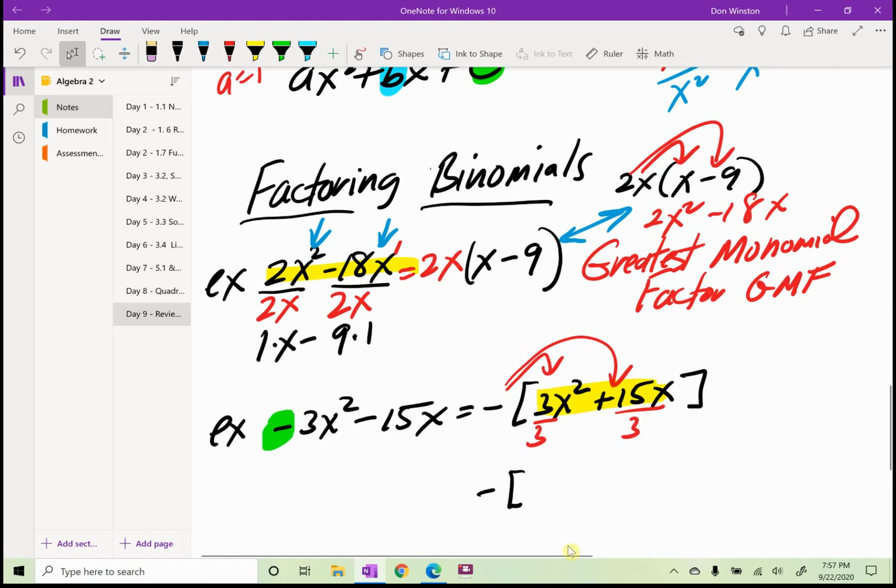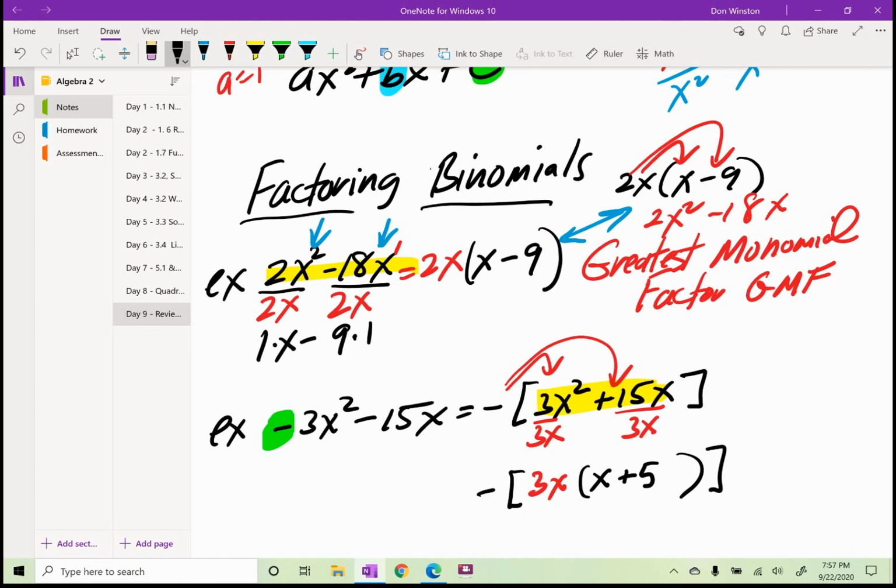And the largest x that goes into x squared and x is x. So there's my greatest monomial factor, 3x. Let's see what's left over. If I take 3x squared and divide it by 3x, I just get x. Then I have a plus, and if I take 15x and divide it by 3x, I get 5. Then we close our bracket there.